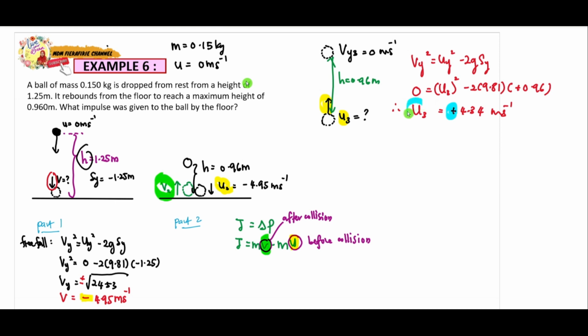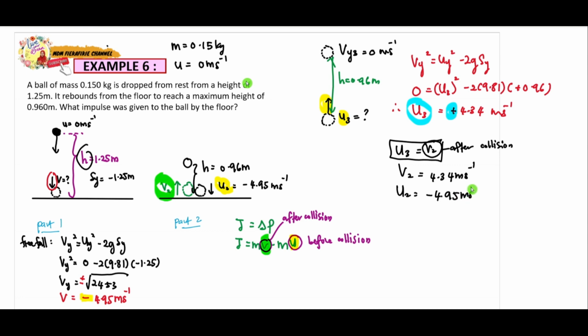So now kita dah dapat nilai U3 ini tadi, di mana U3 is equal to V2. Okay, di mana V2 adalah velocity of the ball after collision. So, bila saya dah dapat semua maklumat, saya dah dapat V2 saya, which is 4.34 meter per second. Okay, which is after collision. And U2 saya dah dapat negative 4.95 meter per second.